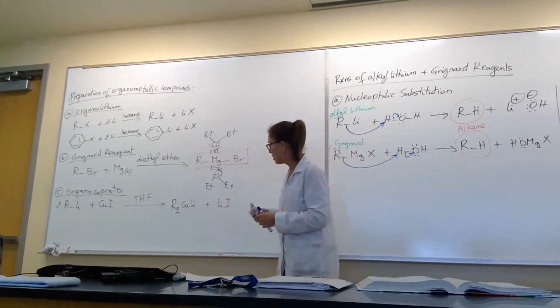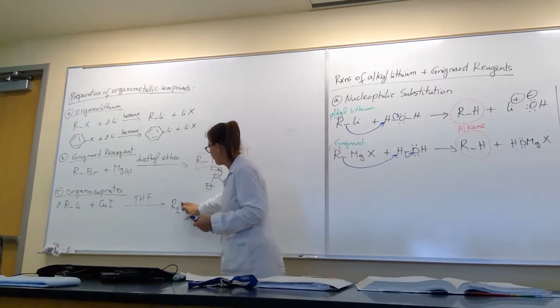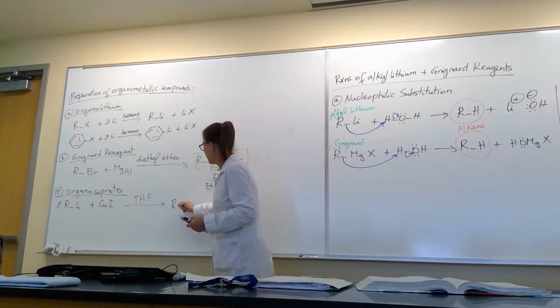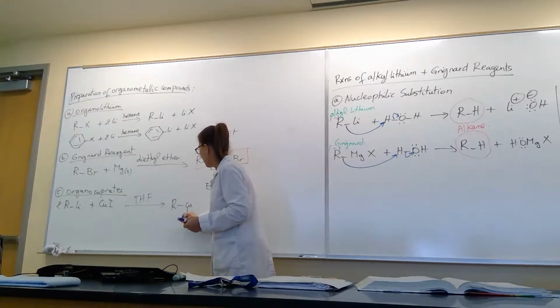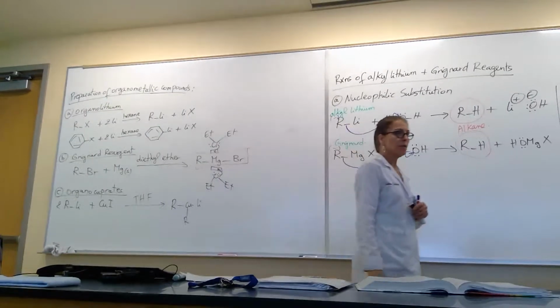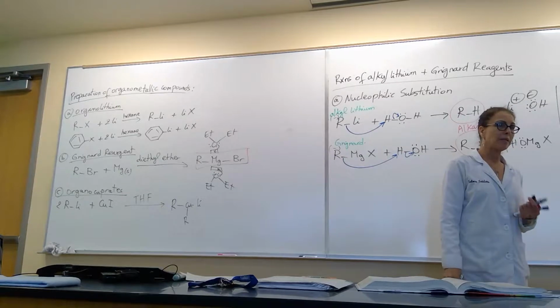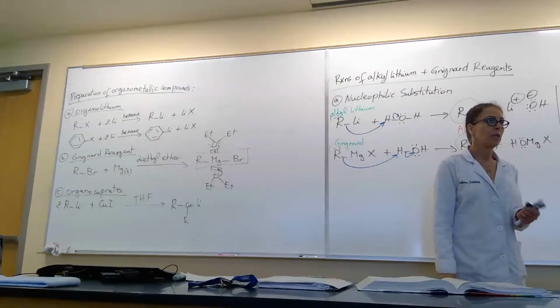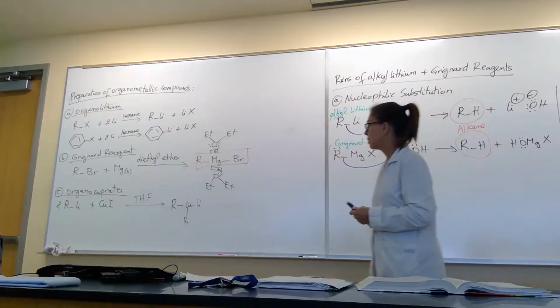So how does this look? It's really an R with a Cu and another R. So you have two alkyl groups attaching to the copper, and then the Li is next.